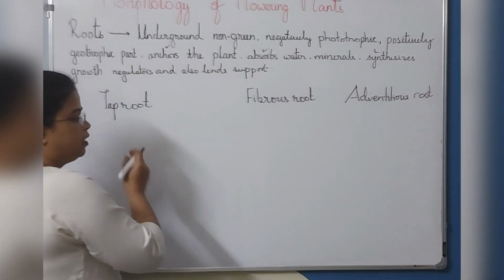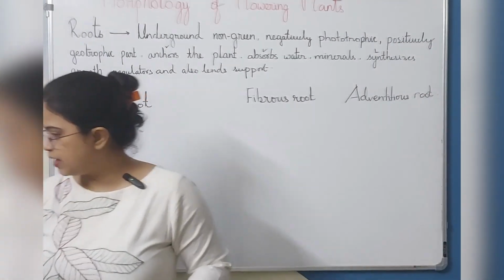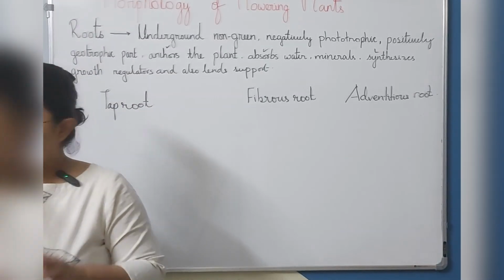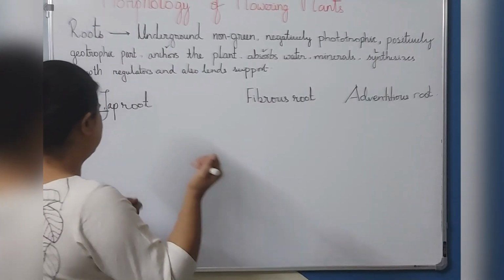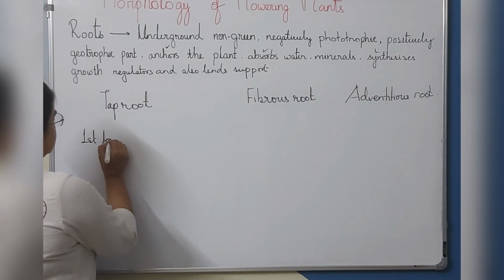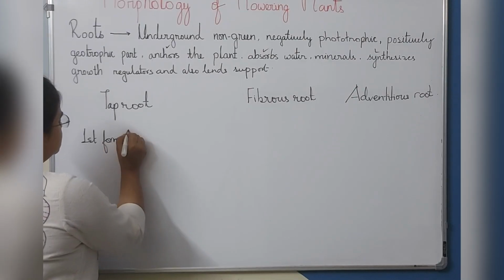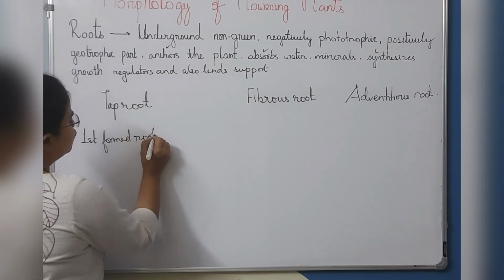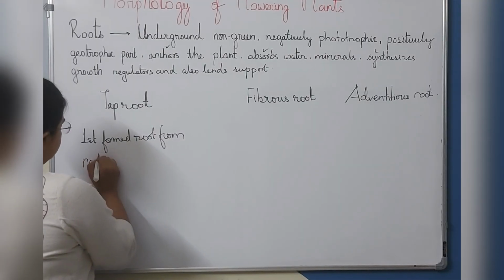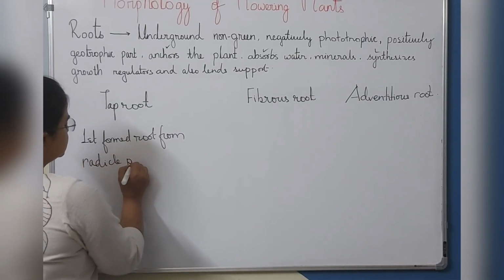Clear? So what happens in taproot? Just the diagram that I drew. One second. Let me get another marker. The first formed root from radical persists, right?